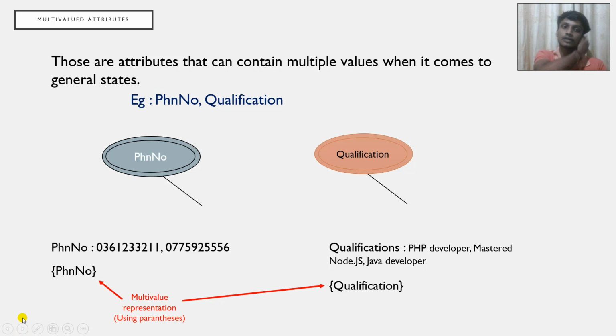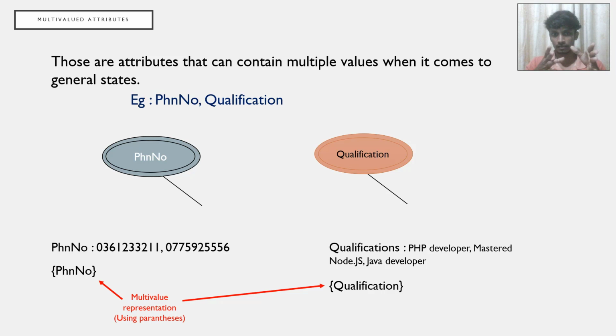So the third one is multi-valued attributes. Those are attributes that can contain multiple values. This is again kind of different from the previous attributes.